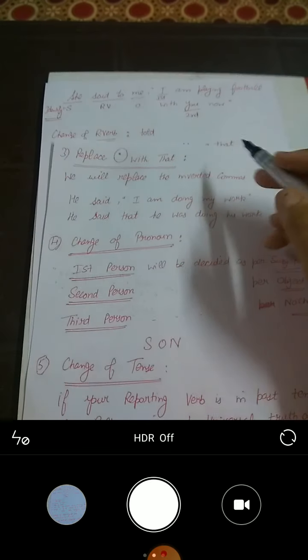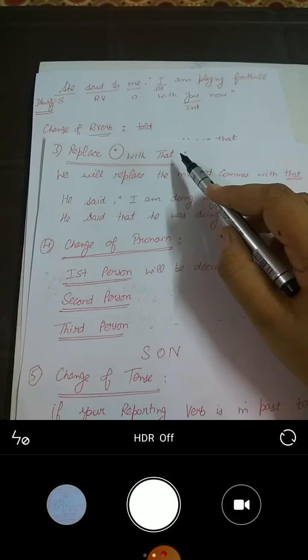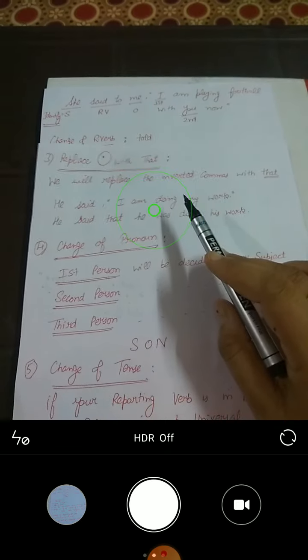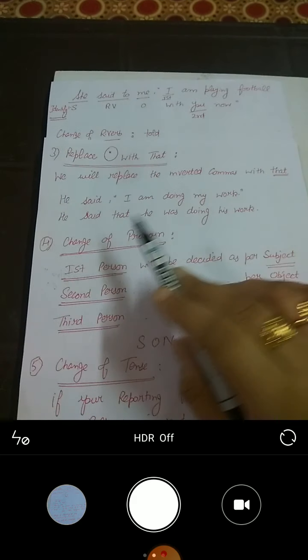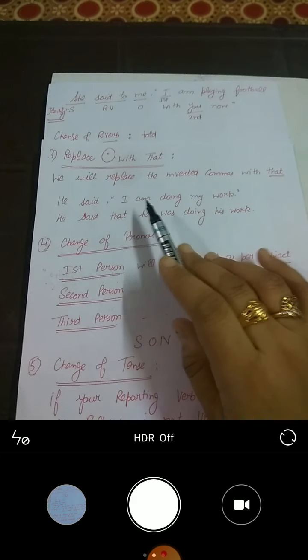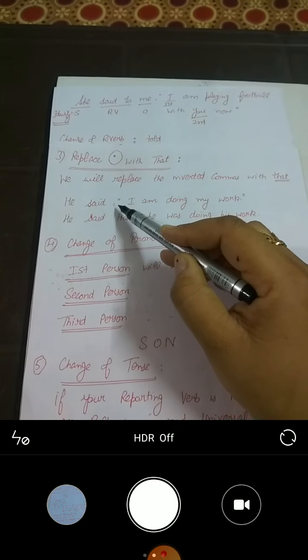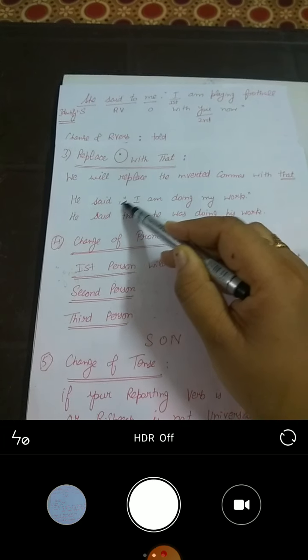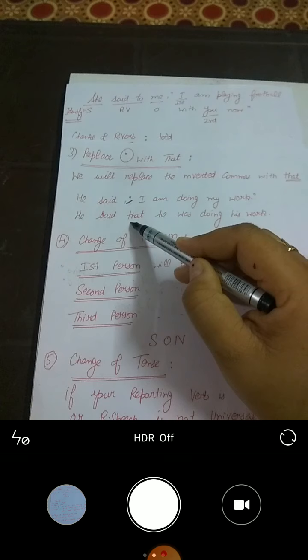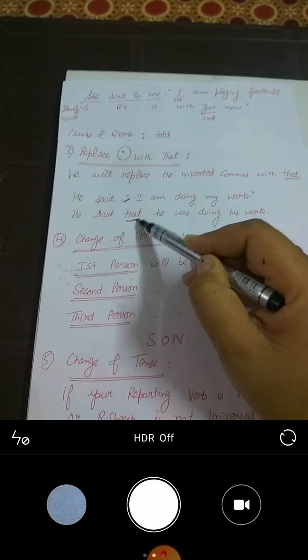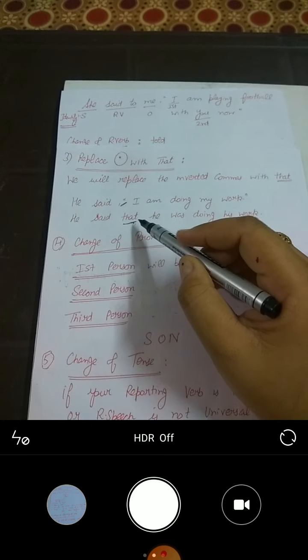Now comes the third step, replace inverted commas with that. We will replace the inverted commas with "that". You can see an example here: he said, "I'm doing my work." These are the inverted commas used here, and you will replace them with the conjunction "that". Why are we using that?